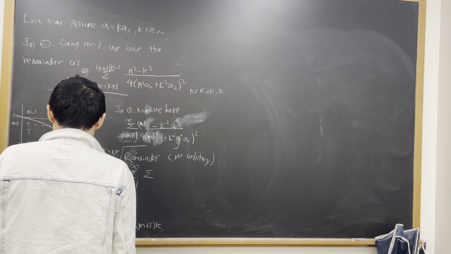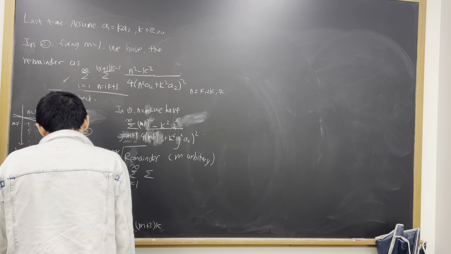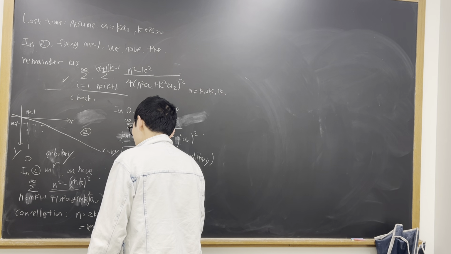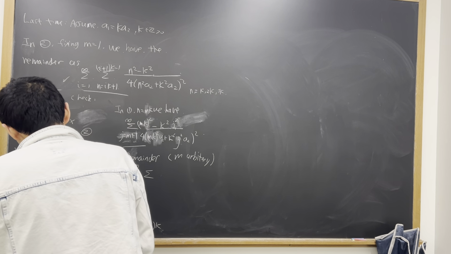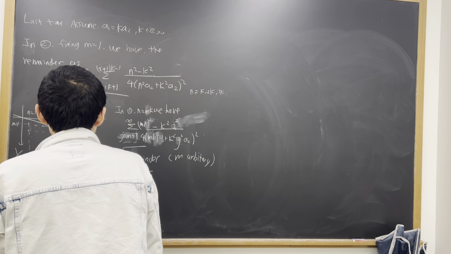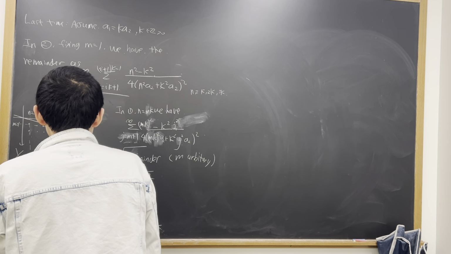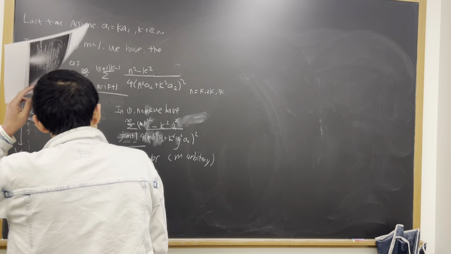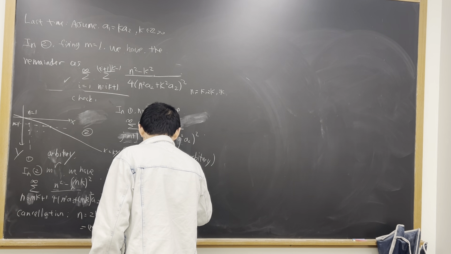So I think it should be m minus 1 plus I times k plus 1.